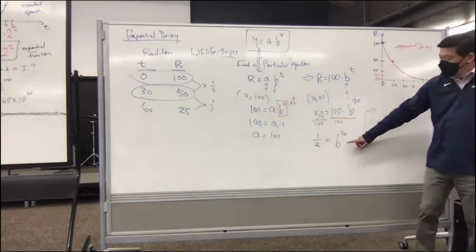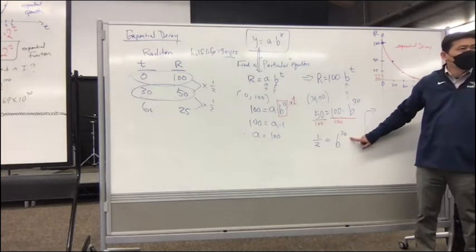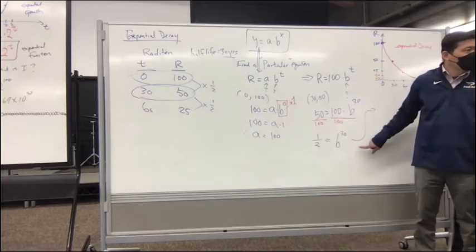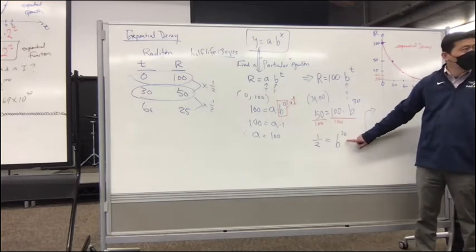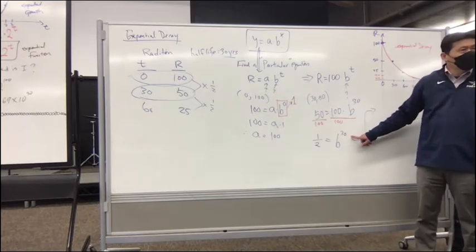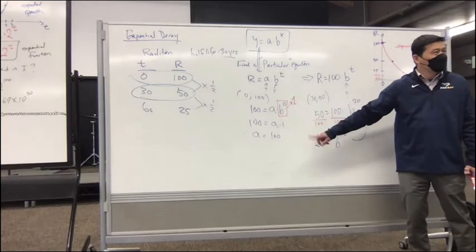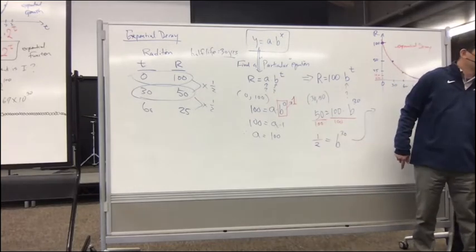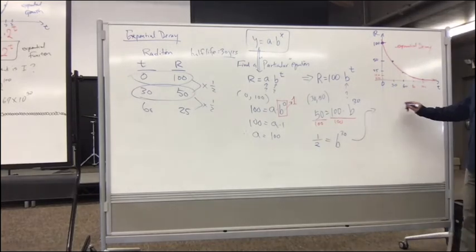Now remember, if this would have been B squared, you would square root on both sides. If this is B cubed, you will cube root on both sides. If this is 30th power, then you will do the 30th root on both sides. So you will do the 30th root of 1/2 is equal to B.